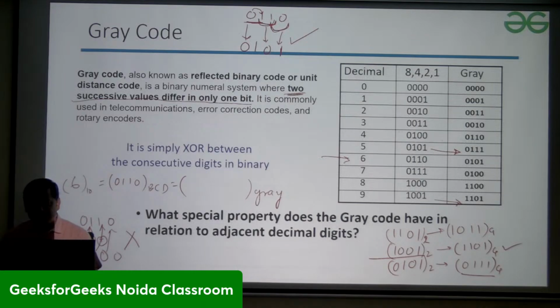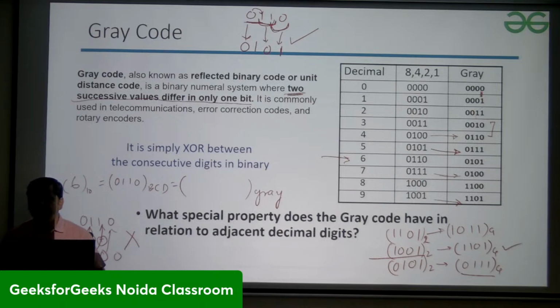If you look at this code to this code in BCD, you can have a larger number of changes, more than one bit changed. But in gray you have to look at two successive gray codes. 0 is all 0, 1 is 0001. Only one bit is flipped.